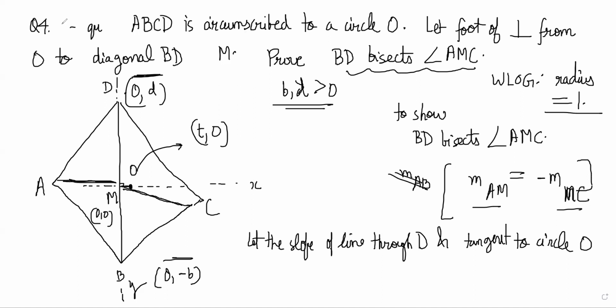We'll write it like this: y is equal to kx plus d. Why is it kx plus d? Because it passes through the point D. The point D was 0 comma D. K is the slope of my line, right? From D, passing through D and tangent to the circle.